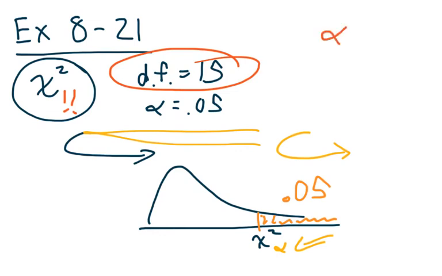Alpha will be in the 0.05 column. And so we'll go all the way down, and the value that we find there, I just looked it up a second ago, hang on one second. Sorry, malfunctioning touch screen for a minute. 24.996, that is the cutoff for our critical chi-squared value that defines the rejection region for this right-tailed hypothesis test.